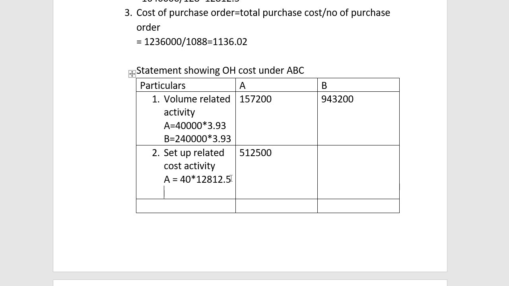For B, in the same way, the number of setups is 88, multiplied by 12,812.5, so it comes to 11,27,500.